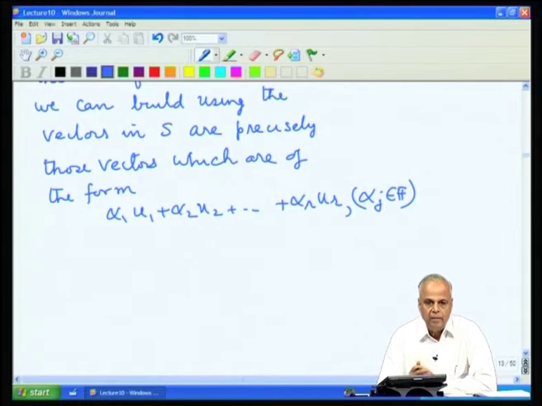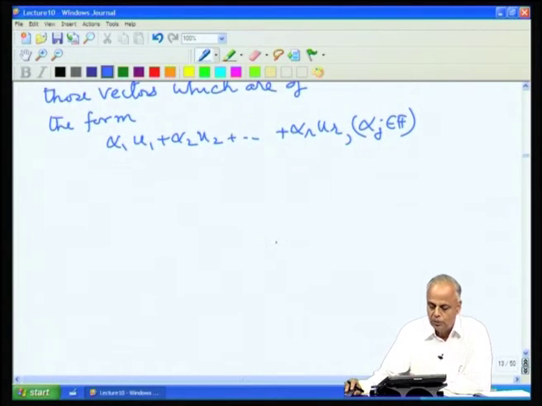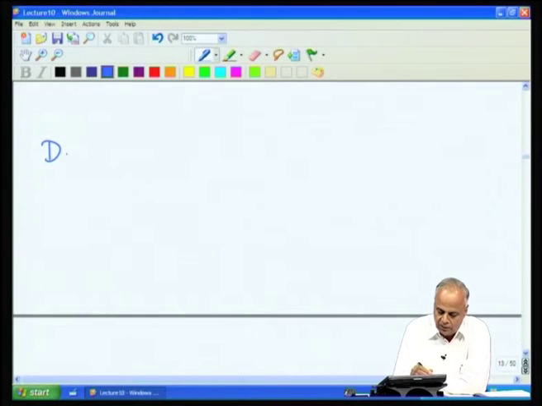Now, we give a name for all these types of vectors that we can build from u1, ..., ur, and that is what is known as the linear combination of the vectors. So, we have a definition.